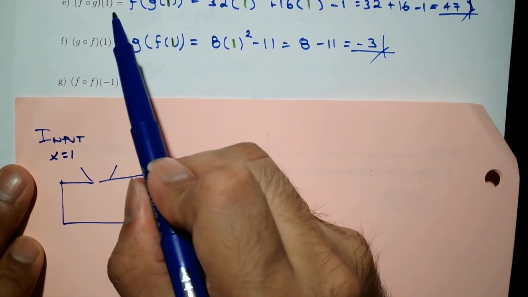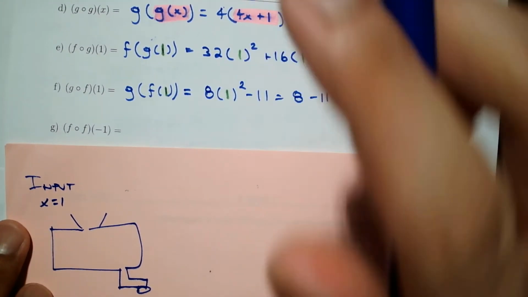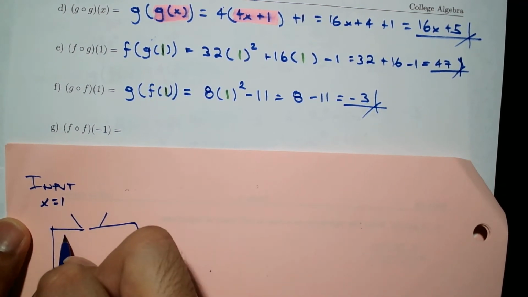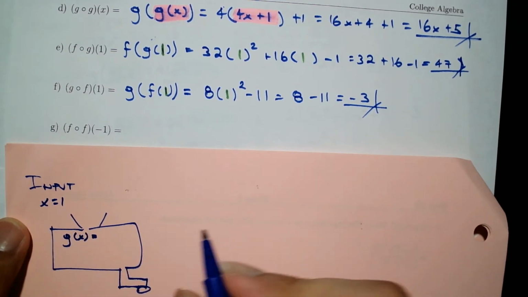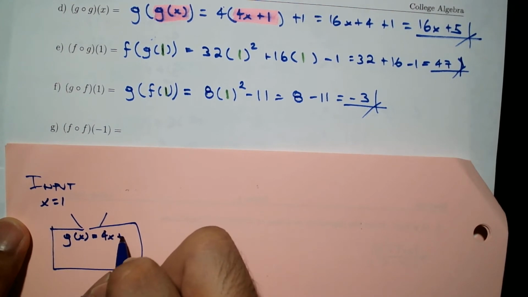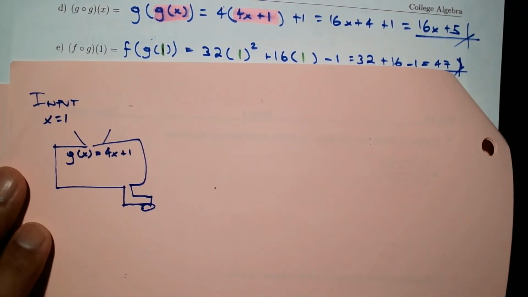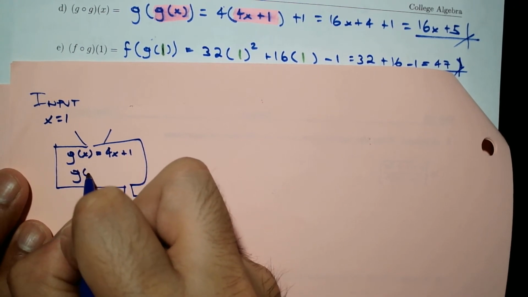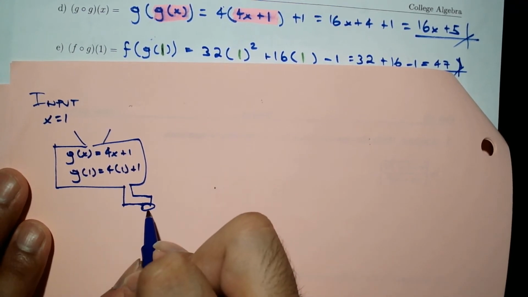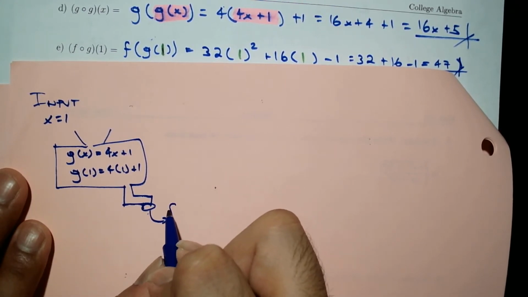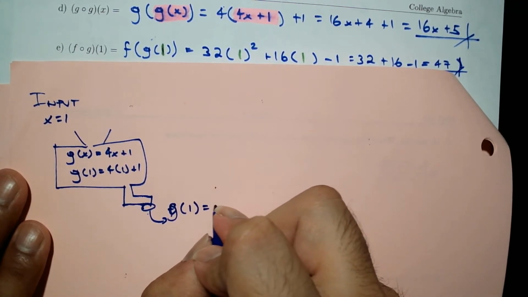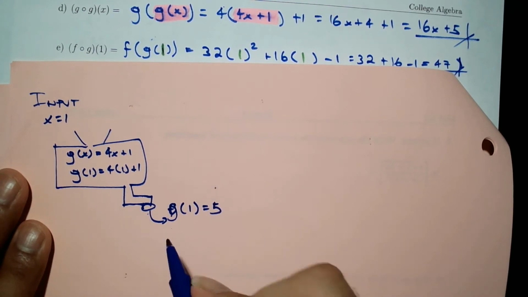And in this case, we are going to evaluate first that at g, goes through g first, g of x, which in this case for us is 4x plus 1, and evaluate it at 1. g of 1 equals 4 times 1 plus 1. That's going to output g of 1 equals 5. All right, that's what's going to give us. That's the output.